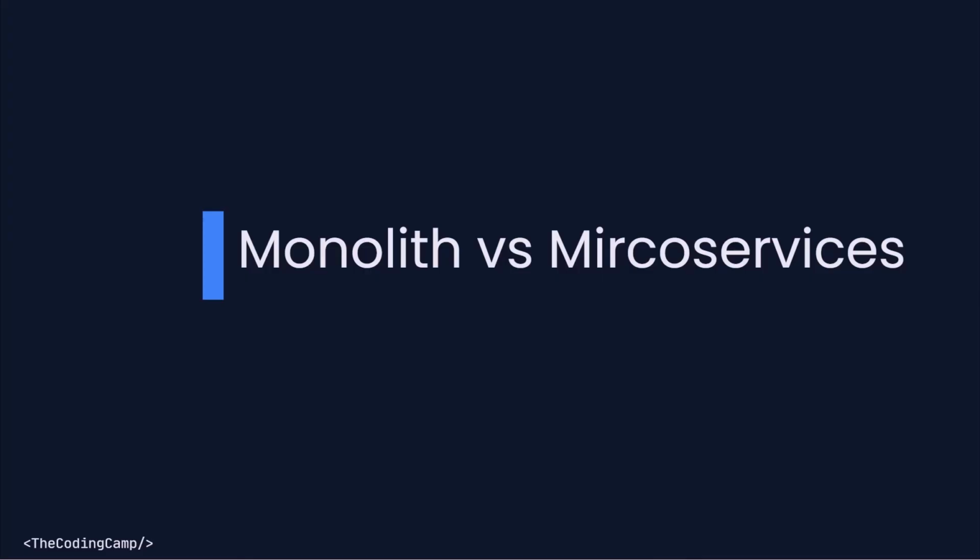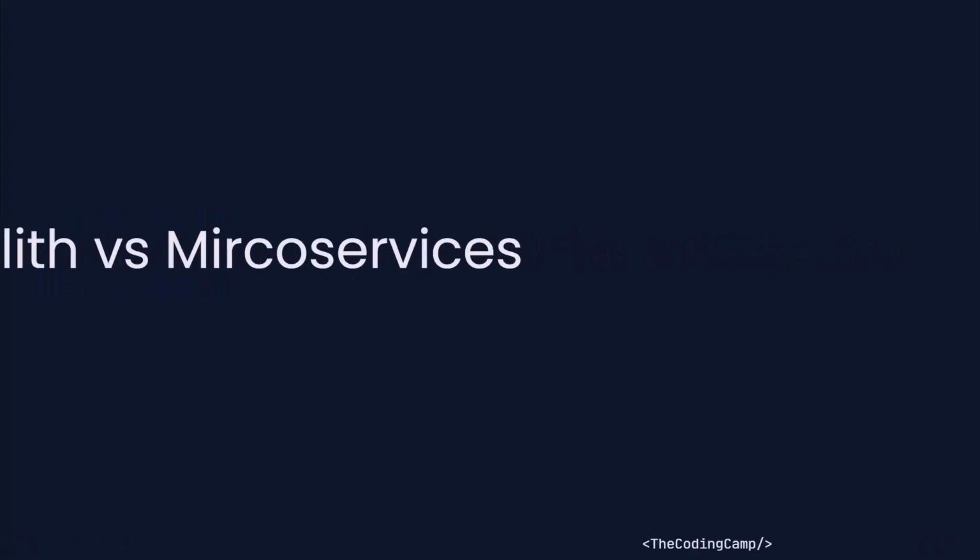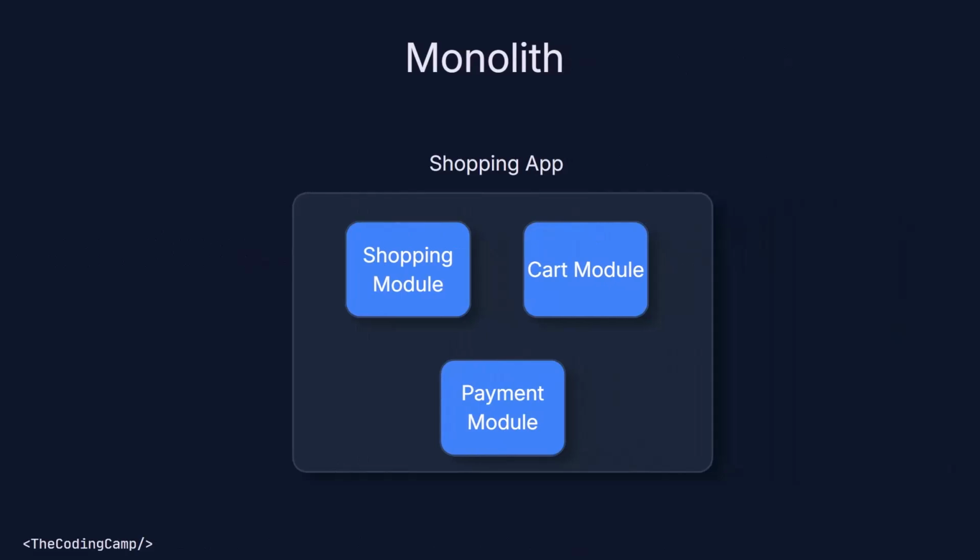Let's talk about some of the most common systems architecture patterns. First, the monolith architecture. A monolith is a single unified application where everything is bundled together, while microservices architecture breaks the system into smaller independent services. Imagine a food delivery app.